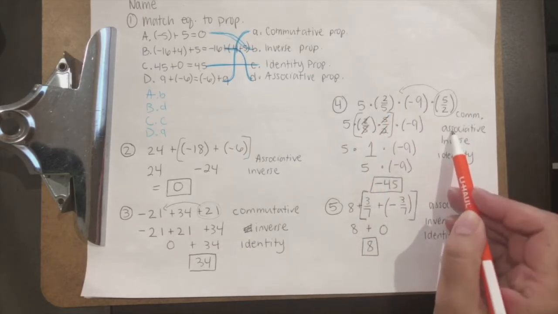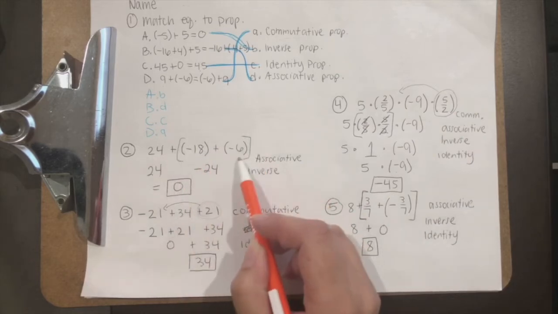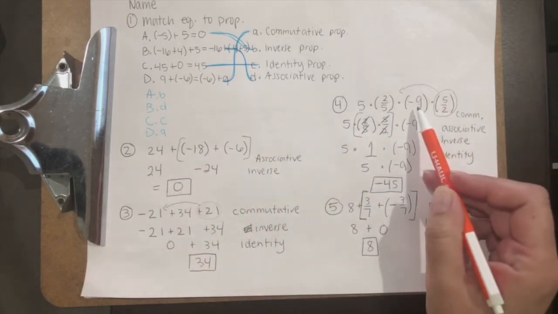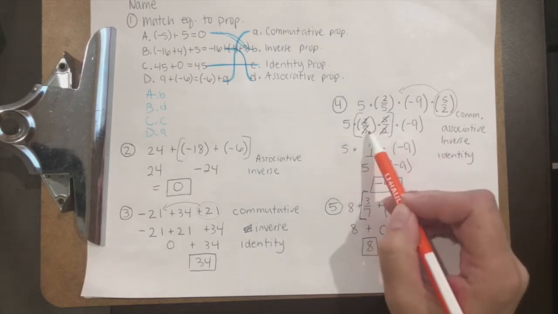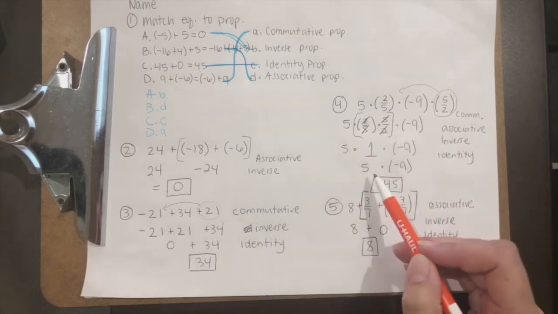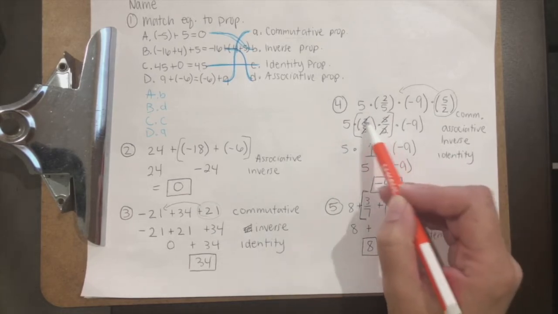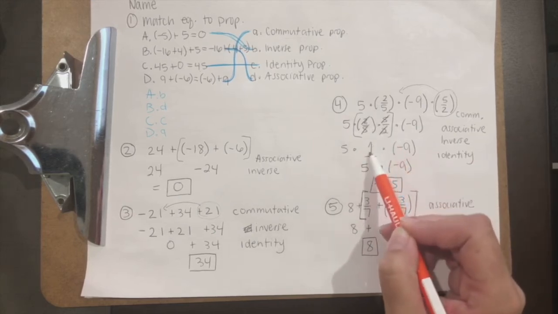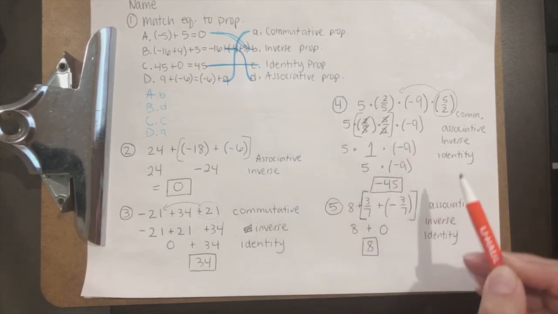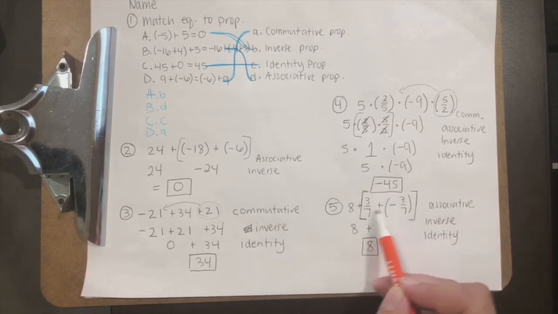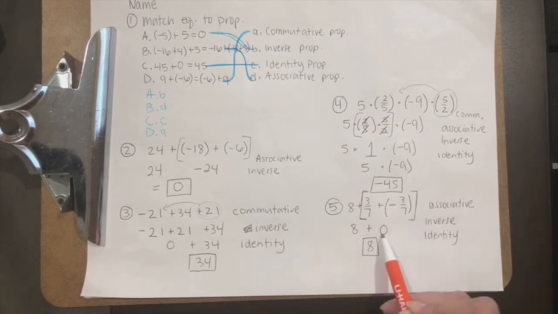And so does associative, where you can add these ones together first, or add different ones together first, or multiply different ones together. You don't have to go in order. So associative works similar. Inverse, however, works different, because inverse is when you multiply opposites, you get the big 1, whereas for the additive property, when you add opposites, you get 0.